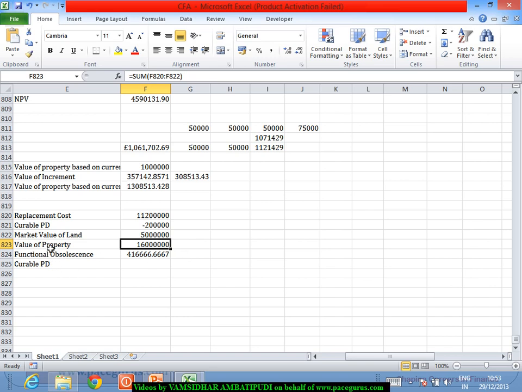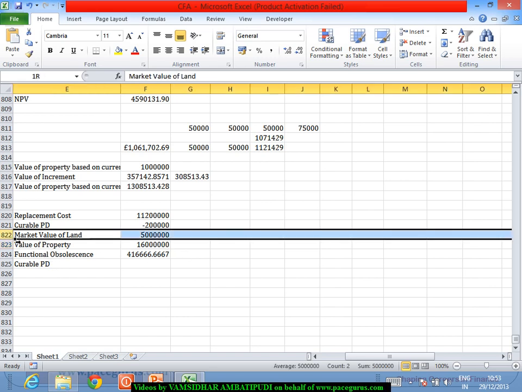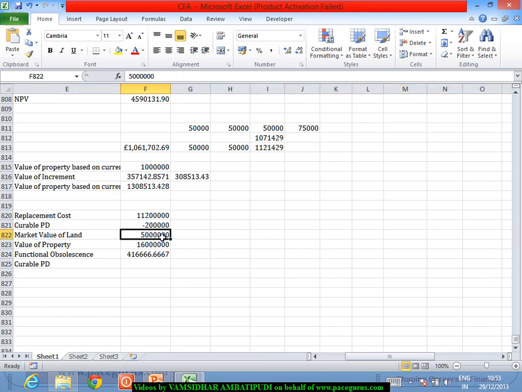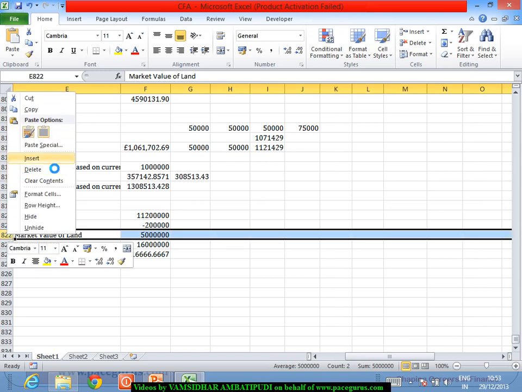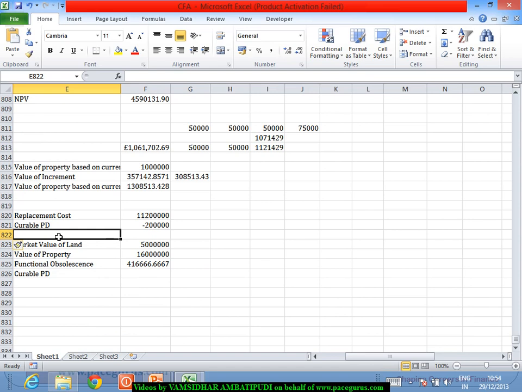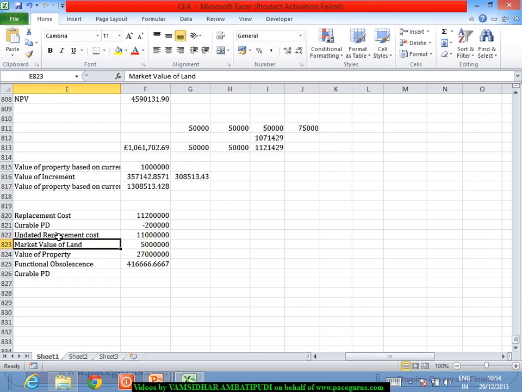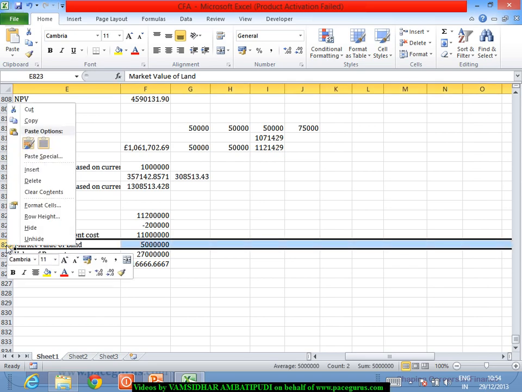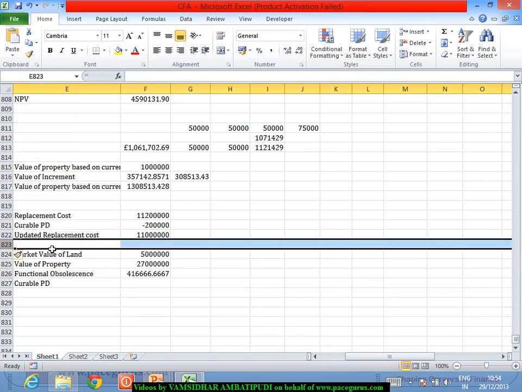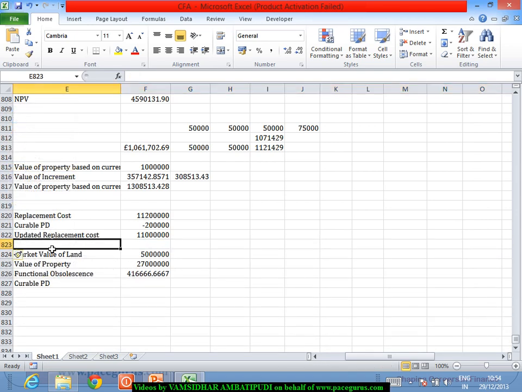When I am looking at the depreciation part, it is not applicable on the land, it is applicable only on this part. So I have to be slightly careful even here. I will call it the updated replacement cost, which is the summation of these two, 11 million and the market value of the land. Here I apply physical depreciation on top of this.